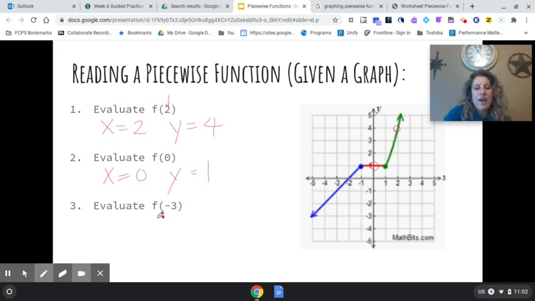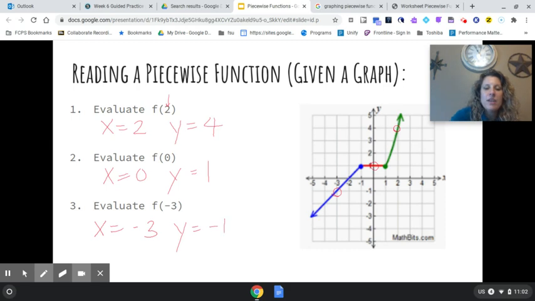Lastly, if we want to evaluate f of -3, the input is -3, so x is -3. I'm going to move left 3 units and figure out where the blue line is intersecting. That y value is -1.